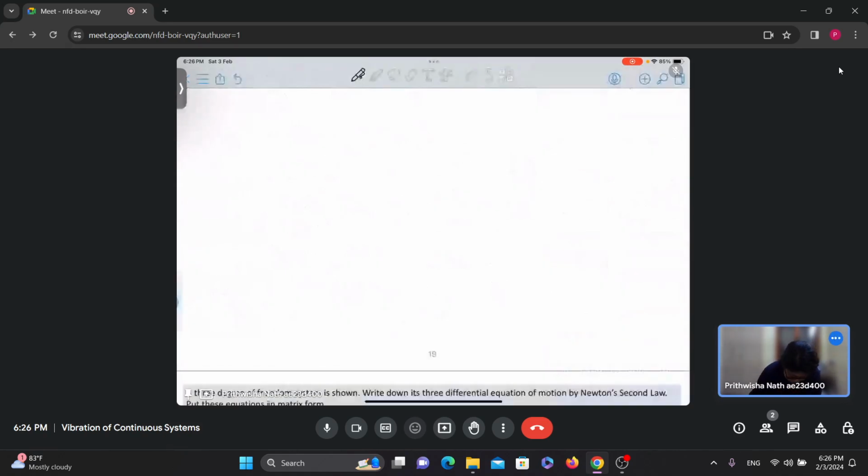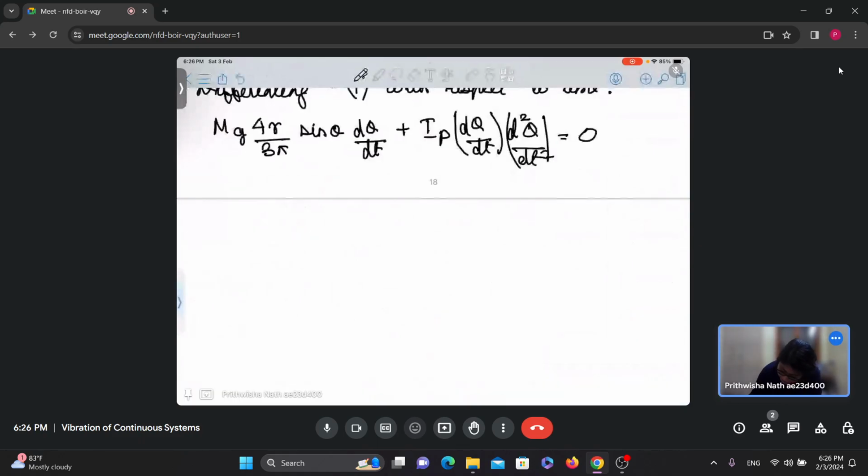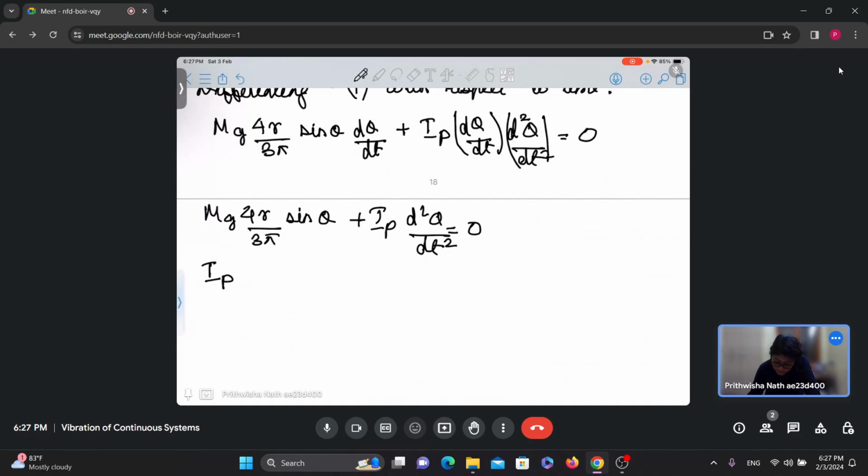mg 4r by 3 pi sin theta plus Ip d square theta by dt square equals 0. Now since theta is small, we can write sin theta as theta. So Ip theta double dot plus mg 4r by 3 pi theta equals 0.